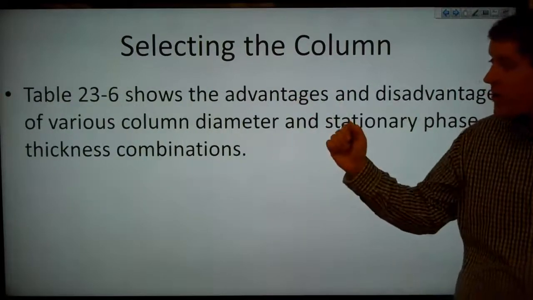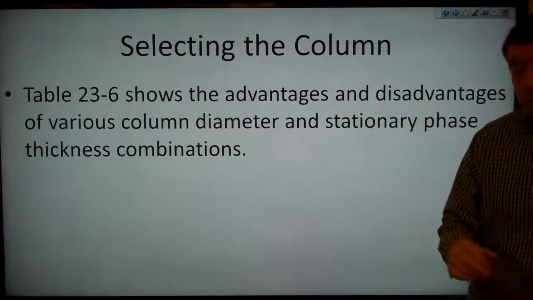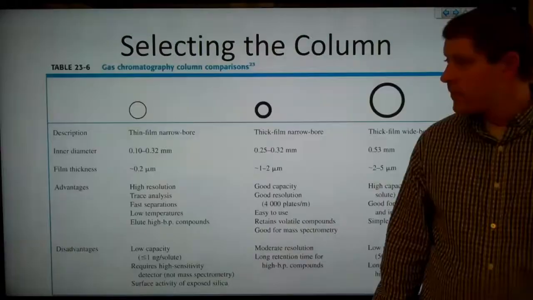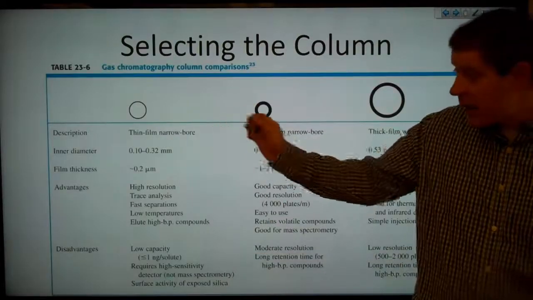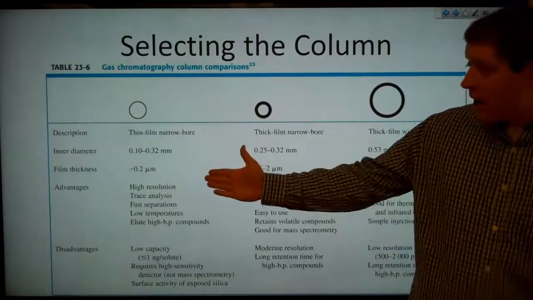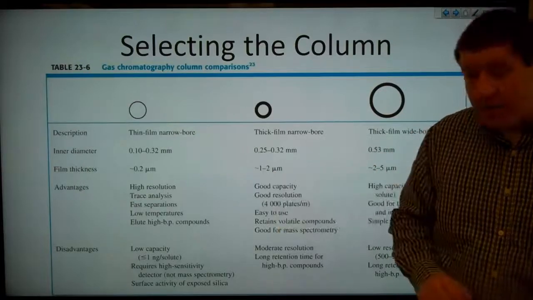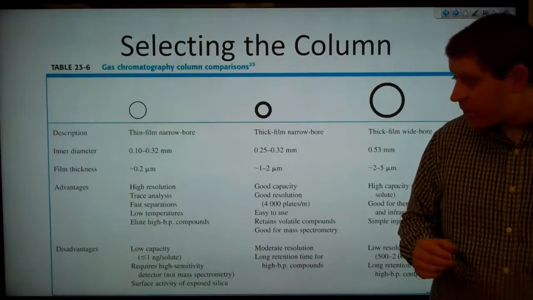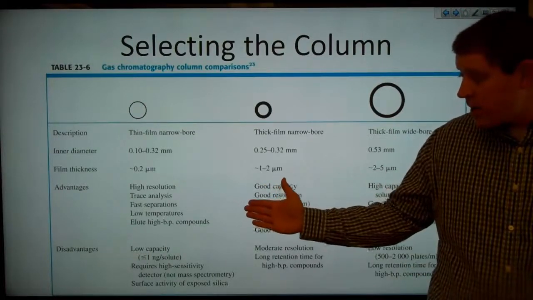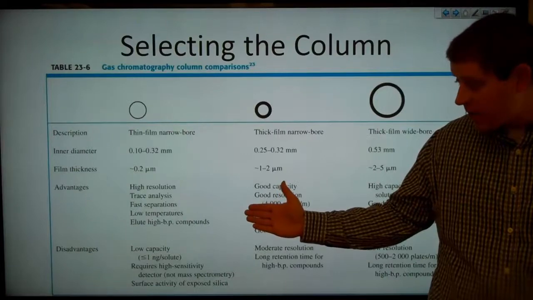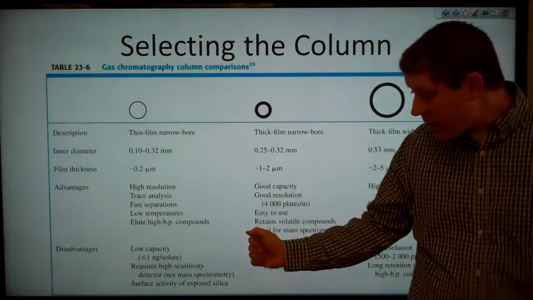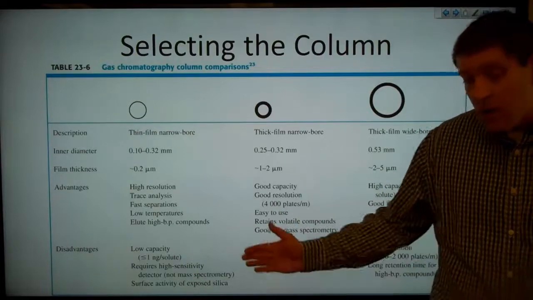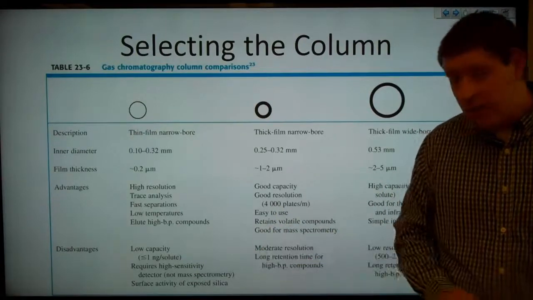Table 23.6 shows the advantages and disadvantages of various column diameter and stationary phase thickness combinations. For example, with a thin film narrow bore column, we've got high resolution that's useful for trace analysis. We've got fast separation, low temperatures, and we can elute high boiling point compounds. On the other hand, we've got a low capacity, it requires a high sensitivity detector, and we have some surface activity of exposed silica.